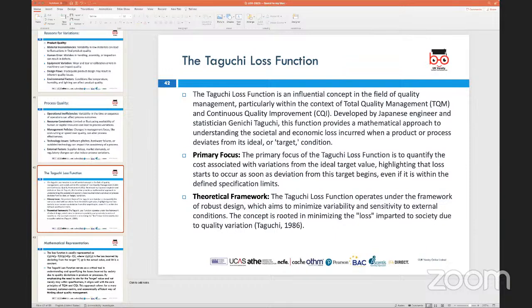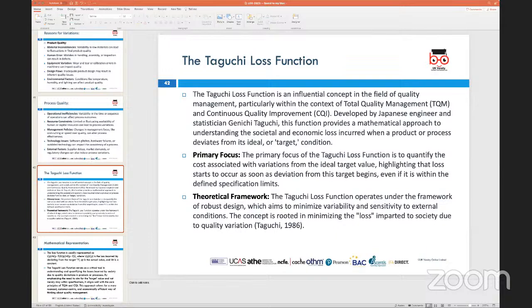So why did he give us this mathematical formula? Because it allows the company to calculate the losses which can occur when the product being produced has not conformed to the quality standards set in the product specification at the time of manufacturing.